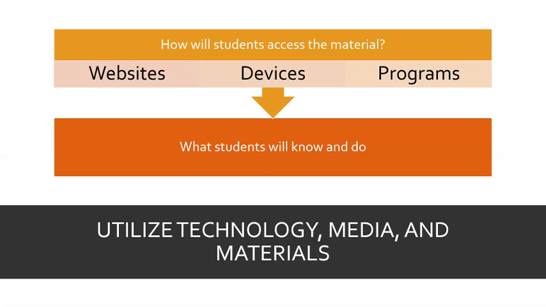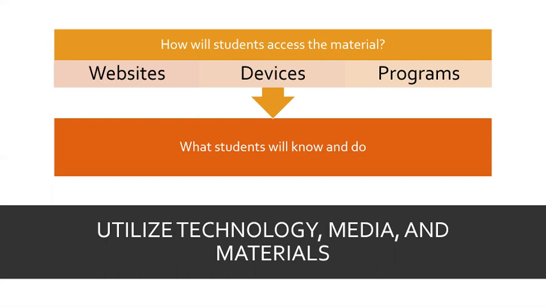In what ways will students access the materials? Are there specific websites, devices, programs, applications, or whatever that students might use? And here's something else. Will students know how to use them? Will students complete group work, or perhaps each take a particular role within the material selected?